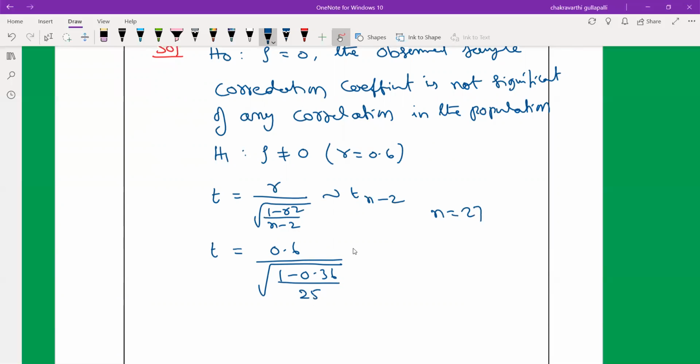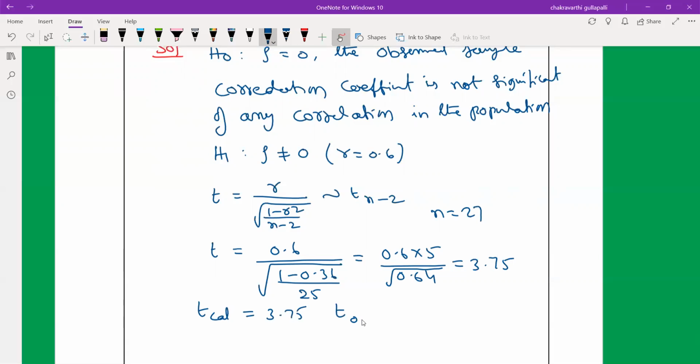This is 0.6 into 5 by square root of 0.64, which equals 3.75. The t calculated value is 3.75.